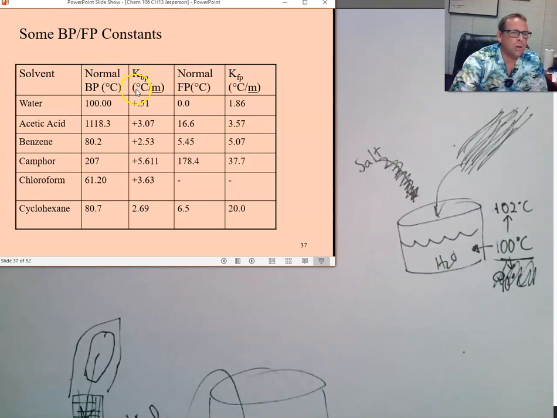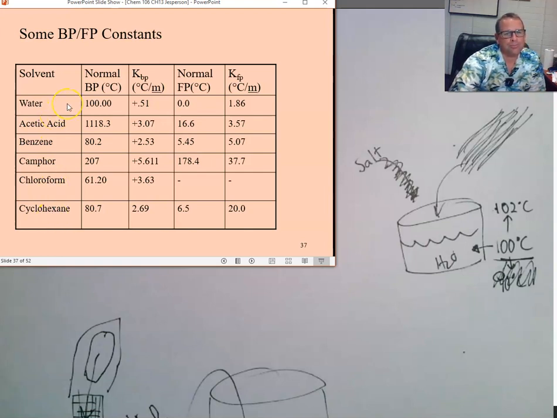So the units here are the way that, you know, they try to make the problems hard, but they can't, because it says right here, KBP, whatever that means, has to do with degrees Celsius per, what is that little m there, Landon? Molality. That's right. So this is the shift in degrees Celsius per molal of solute in our solution, or our solvent is here.